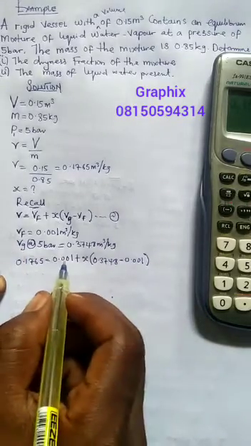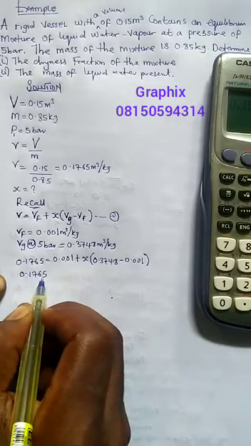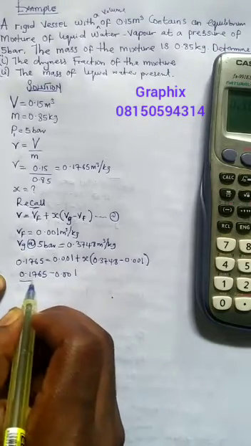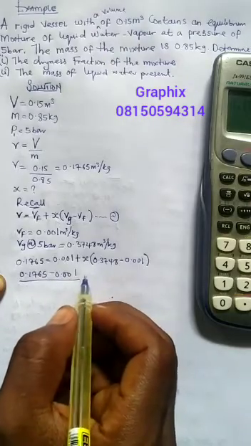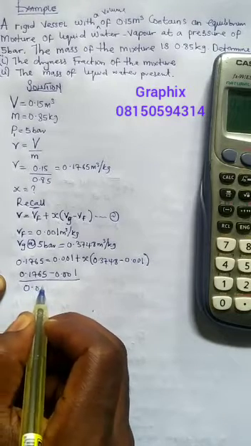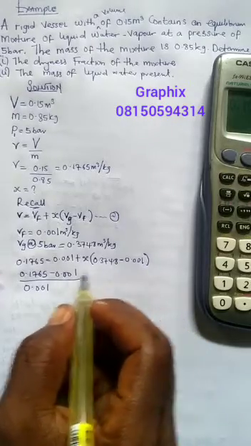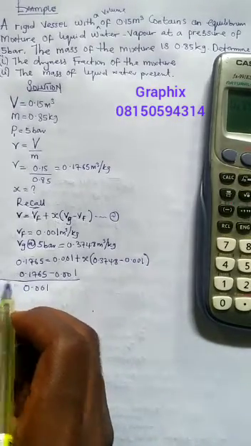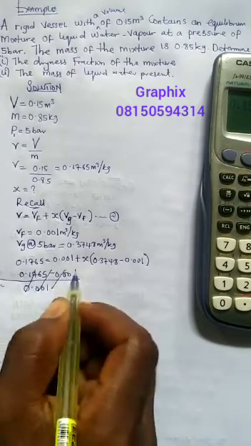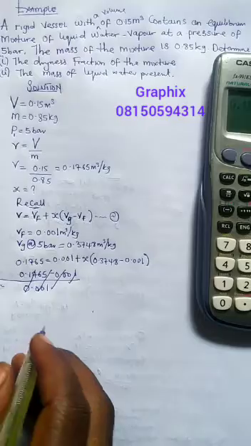If I take this to this side, I'll have 0.1765 minus 0.001 all over, and I'll divide by this term here.